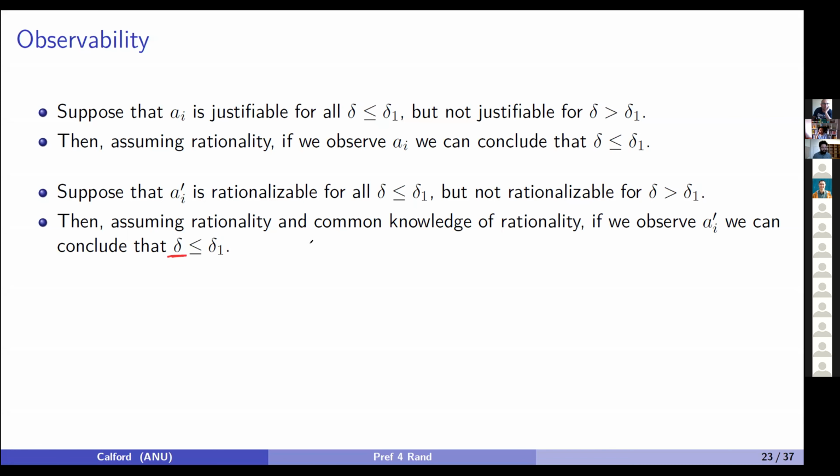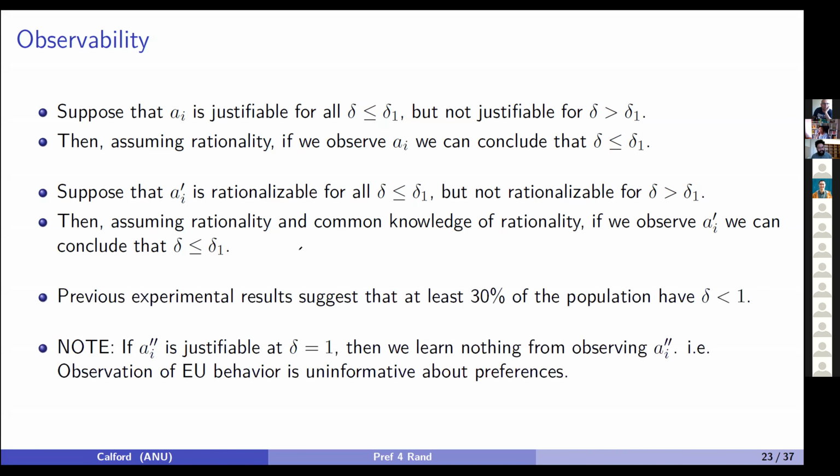This is a straightforward implication of the way the set of justifiable and rationalizable strategies expands as my preference for randomization drops. There are going to be some complications that come in from risk aversion when we start looking at the data, but we'll get to that in just a second.